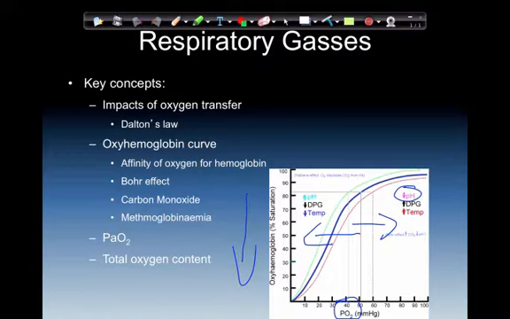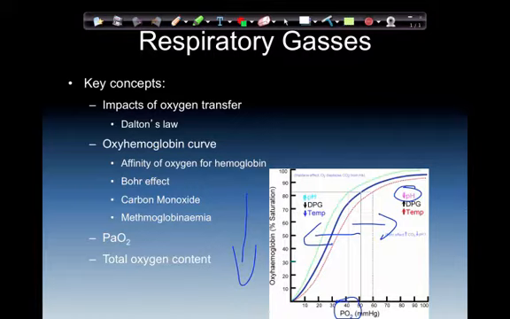Now, PaO2 is important because it's the amount of oxygen that's available to the cellular environment. The total oxygen content is essentially a math formula. The math formula is kind of like this: the total oxygen content is the amount of oxygen carried in the hemoglobin and the amount of oxygen dissolved in the blood.